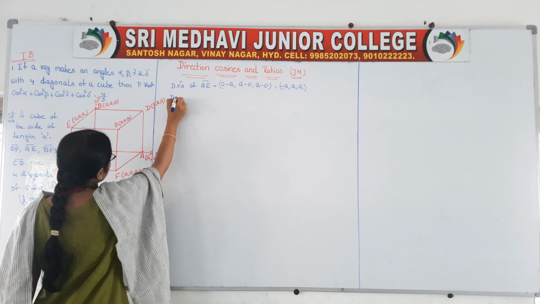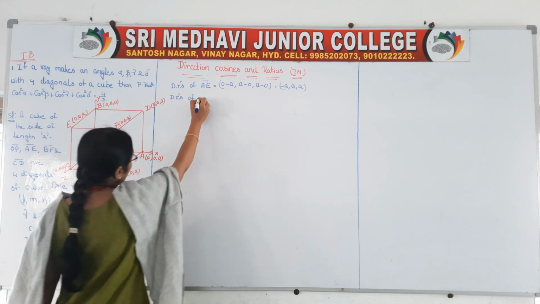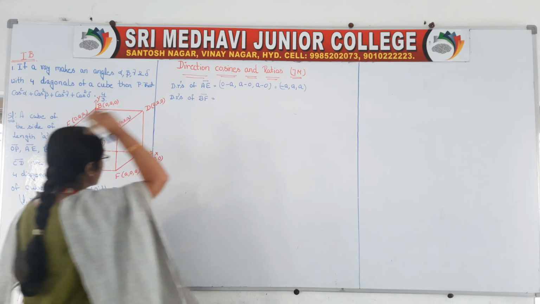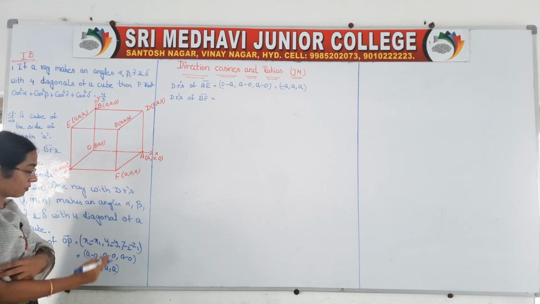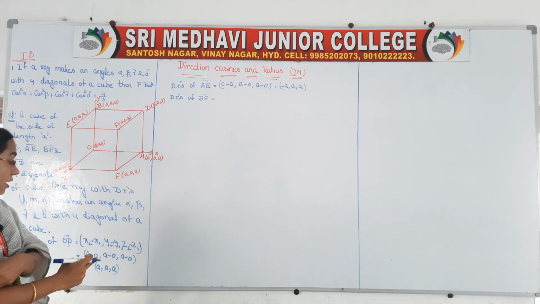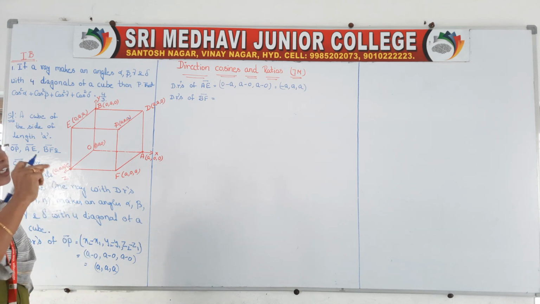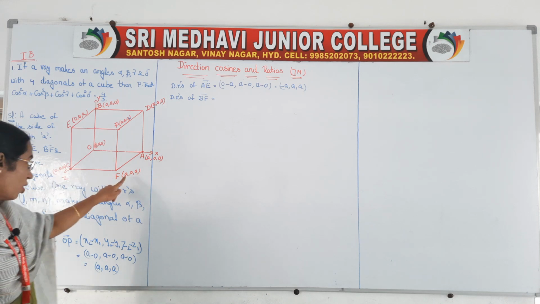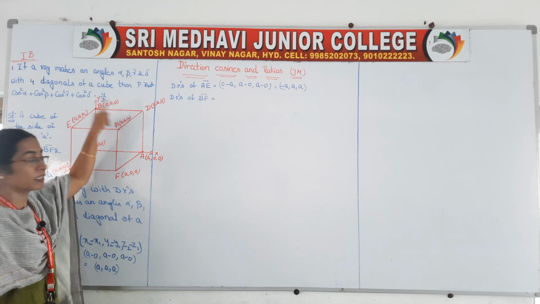Next, you take the direction ratios of BF bar, right? BF bar. So again same formula, x2 minus x1, y2 minus y1, z2 minus z1, where x1, y1, z1 are points of B, x2, y2, z2 are points of F. So see your F points are A, 0, A and B points are 0, A, 0.